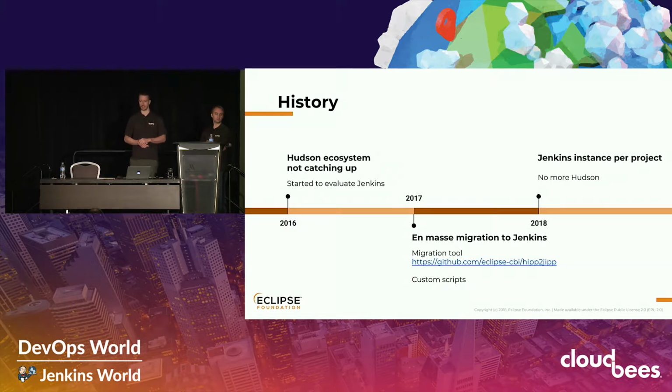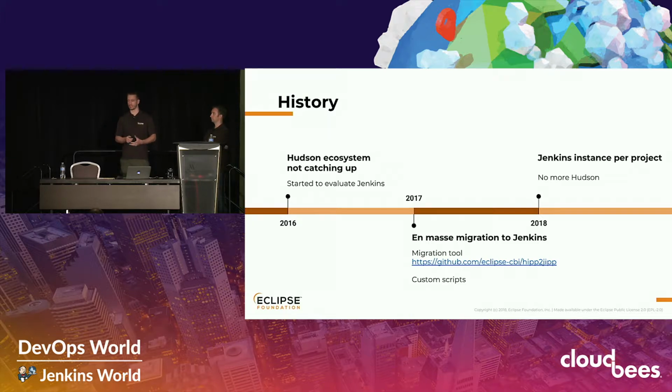But in 2016, it slowly became apparent that the Hudson ecosystem was not catching up. There were no more commits. Plugins were not updated anymore, and the compatibility to Jenkins was just not there anymore.